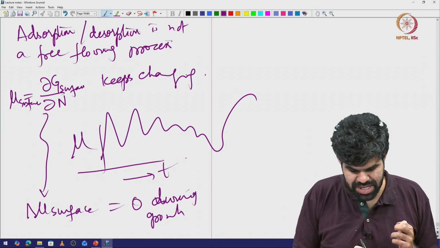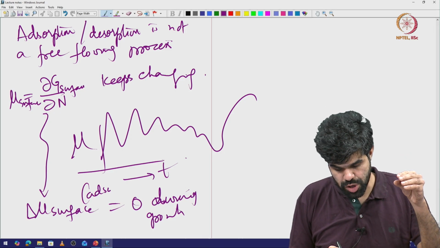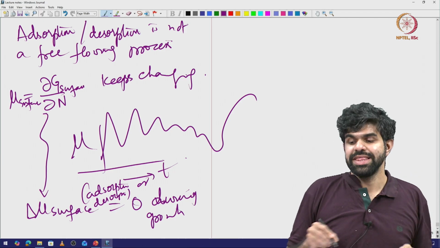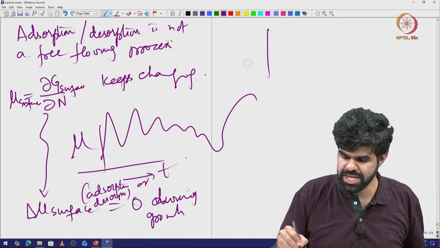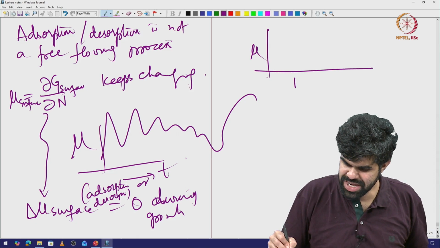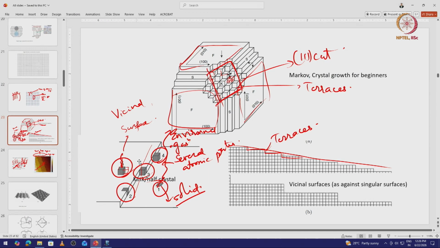Which means as a function of adsorption or desorption, mu versus time ideally should be like this. So mu of the surface cannot be fluctuating. Then I will have a nice smooth flow of atoms in my growth. Now that is what happens at this particular position.